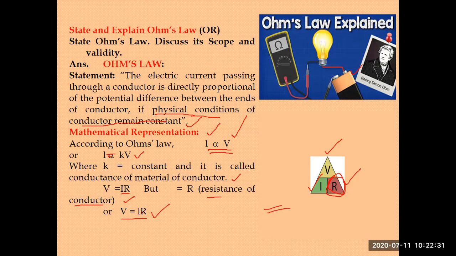Or the value of the resistance is given and the potential across it is given, and you are asked to calculate the current I passing through the resistance. In case of potential, current and resistance, if two values are known, then you can calculate the third one using Ohm's law.